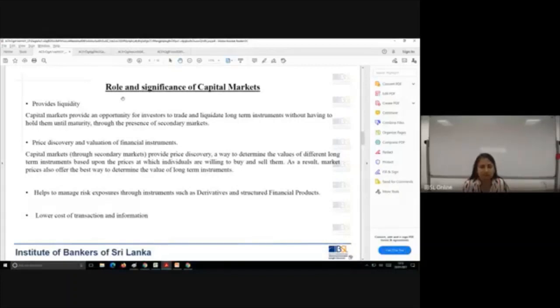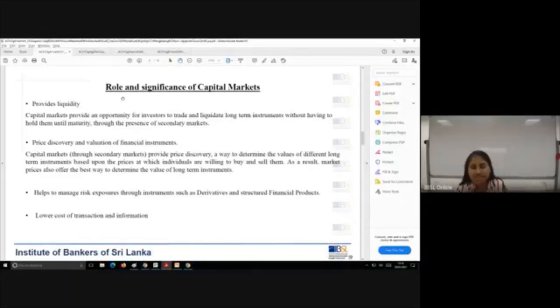You can see people are willing to pay this amount of money for a debenture which is of 5 years. So that allows you to discover the price of that instrument, and based on that, you are able to value not only that particular instrument, but any other instrument which has a similar feature.